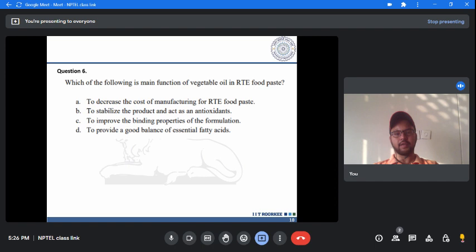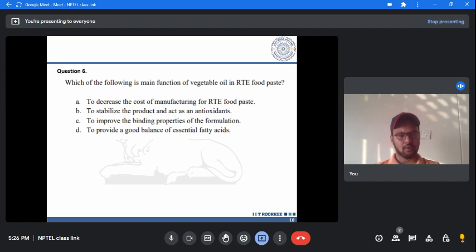RTE is ready to eat food. Those foods have been processed beforehand, and you just need to add some water, like RTE cooked rice. You just need to add hot water, or instant soups.